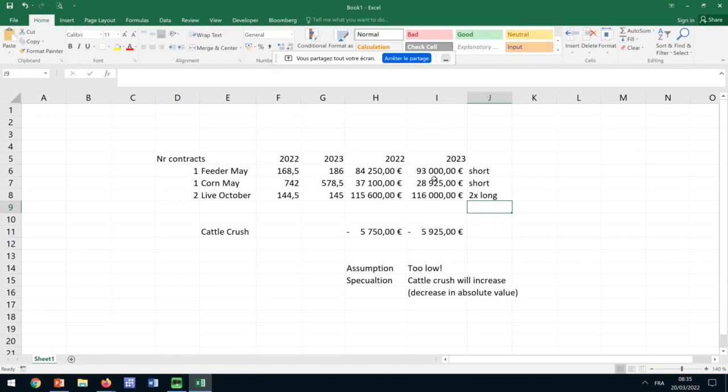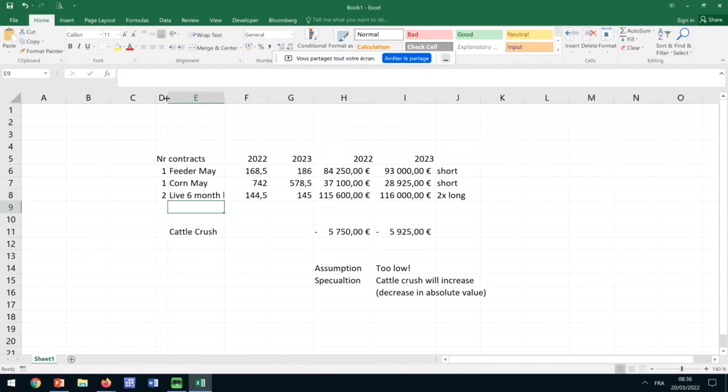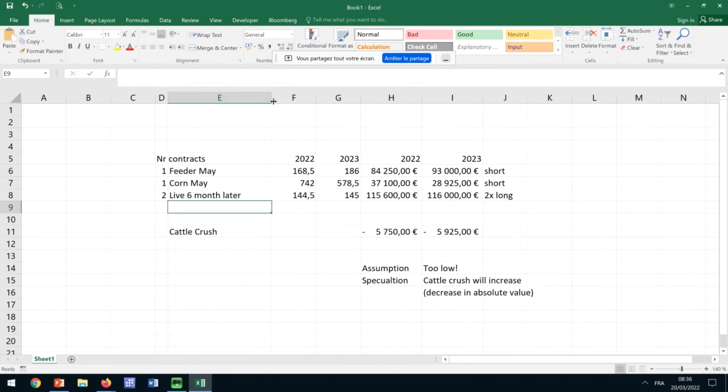We can take this now, using these contracts. Let's maybe add the date. So this is live, six months later. This was for starting in May. This was a contract starting in May 22, and this was the contract that started in January 23.